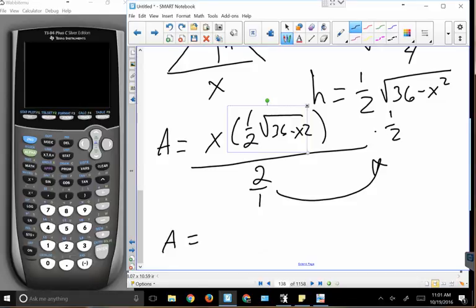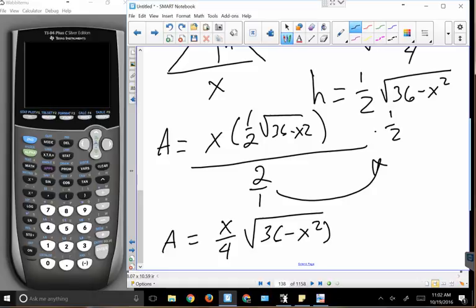That's all multiplied up here, correct? So area is going to be equal to actually 1/4, but we're going to write it like this: x over 4 times the square root of 36 minus x squared. I could keep it divided by 2, but we want to simplify things as much as we possibly can. That's as simple as it gets.